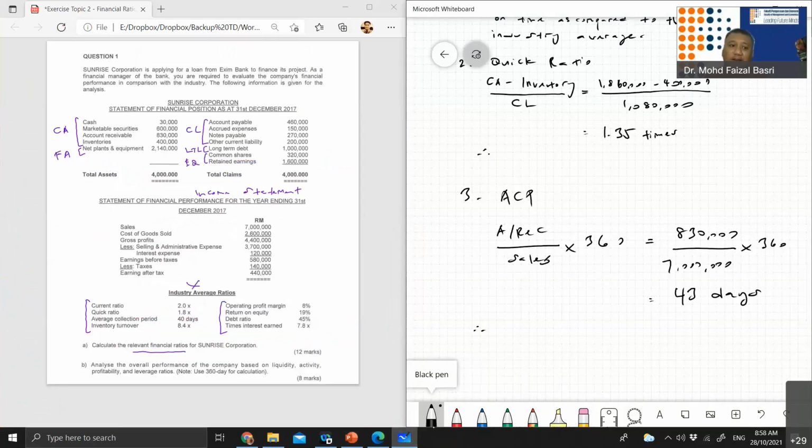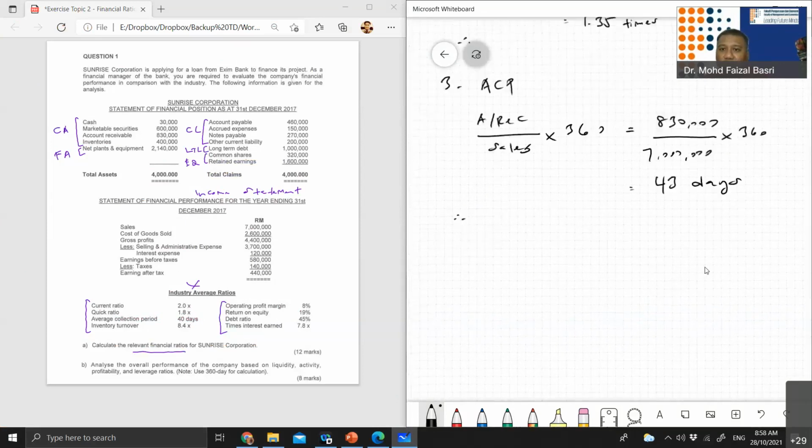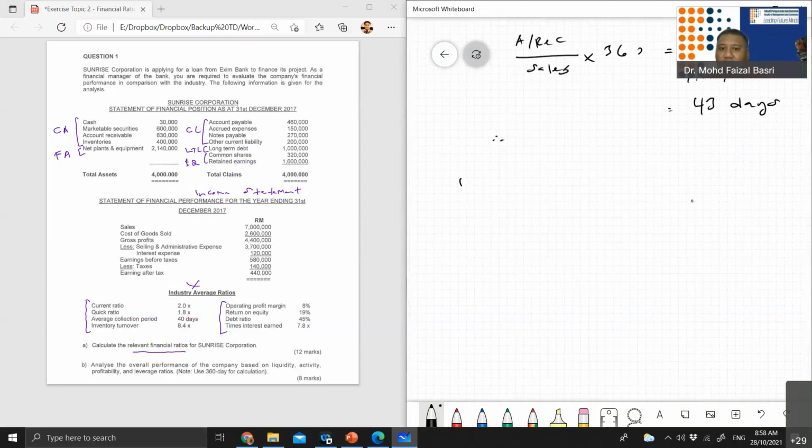Okay, so basically that's the general idea how we calculate the ratios. Okay, maybe one last information kat sini, one final ratio yang sempat nak tunjuk kat sini. Number 4 is inventory turnover. Okay, so untuk inventory turnover, the formula is cost of goods sold divided by inventory. Where I can get this cost of goods sold kat sini.